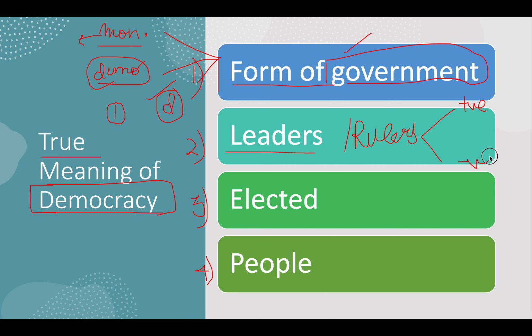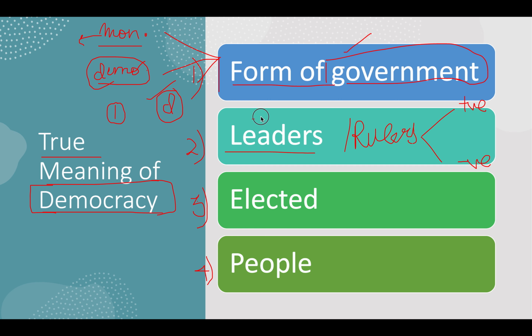In a positive way, it means that there is a person or a group of people who are leading the country, working for the welfare, and giving the country a particular aim.